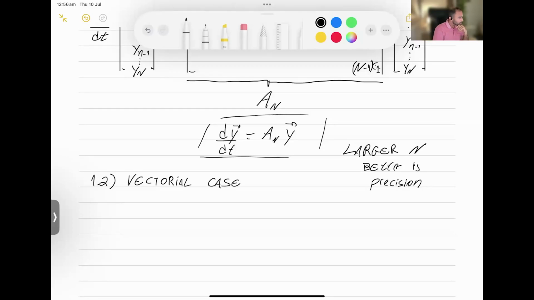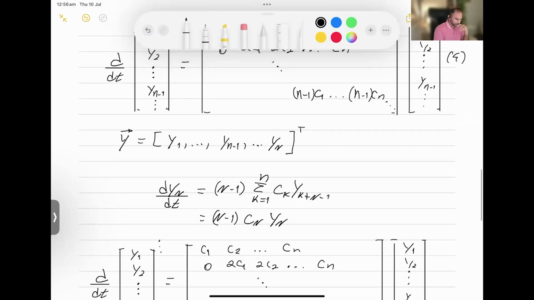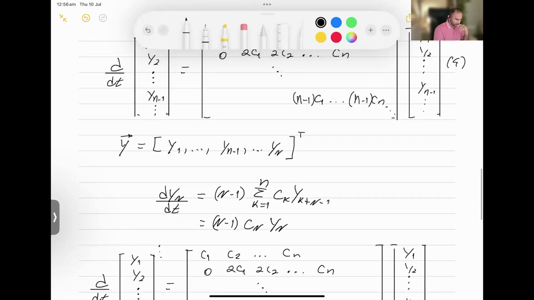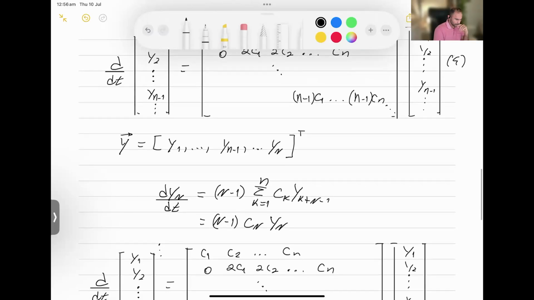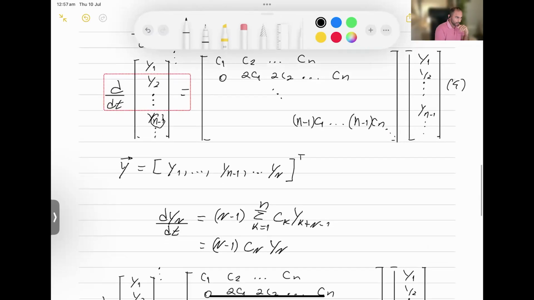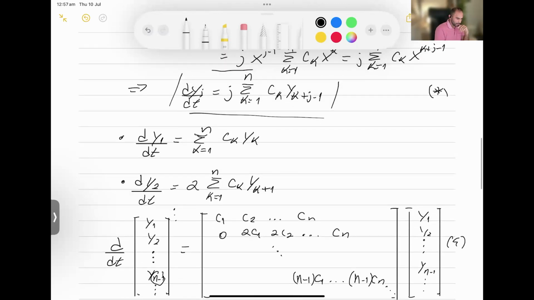Sorry, what was the question? Why is the n minus 1 multiplied with C1 in the matrix, the bottom right entry? Oh yeah, here. Okay, the n minus 1 here.